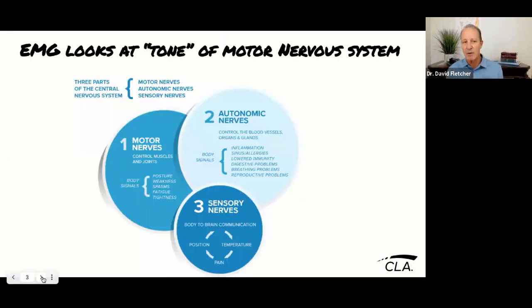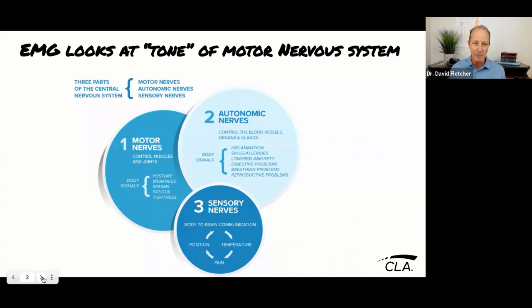It's always wise to remember that we're looking at the central nervous system, and the central nervous system has three divisions. EMG is looking at the tone of the motor nervous system. Now, last time on the first of the deep dives, we started to talk about the global impact of the vertebral subluxation on autonomic tone, and that's why we looked at the impact and the use of heart rate variability.